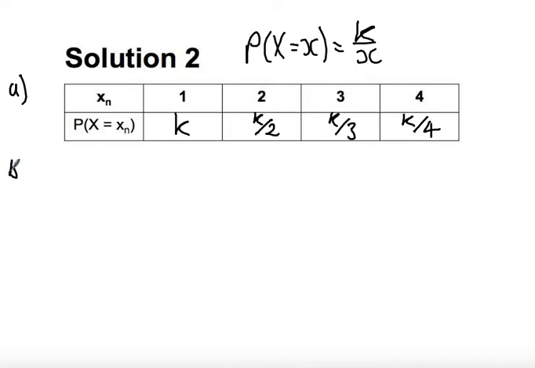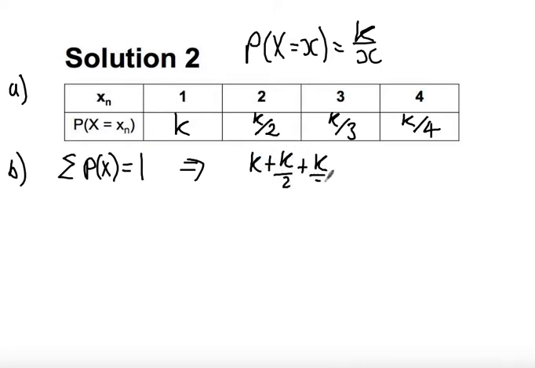Part B wants us to find k. The way we find k is that I know that the summation of the probability of x must be equal to 1. So that means when I do k plus k over 2 plus k over 3 plus k over 4, this is equal to 1.